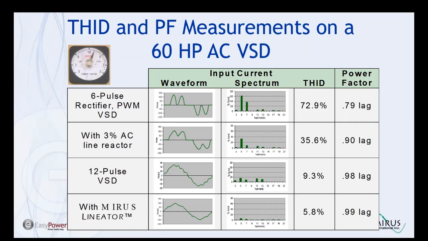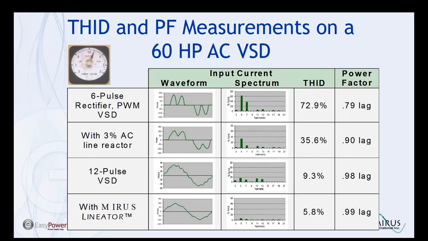The last example is with an input harmonic filter applied to the 6-pulse drive in the first example that did not include a line reactor. So with the input filter, we've reduced the total harmonic current distortion from 73% to 5.8%, so more than a 10 times reduction in the current harmonics.